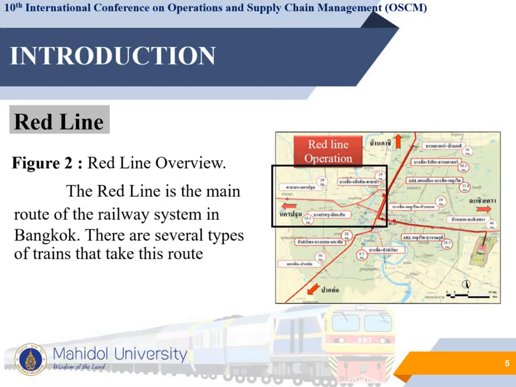The Red Line will also need to accommodate a meter gauge track in the future. The dark red line route from Bang Sue to Rangsit will be divided into 4 tracks as follows: 2 tracks for only commuter trains and 2 tracks for long-distance trains, suburban trains, and freight trains.